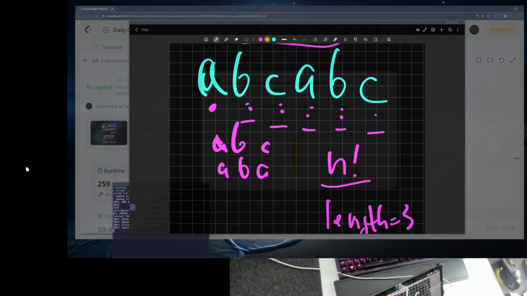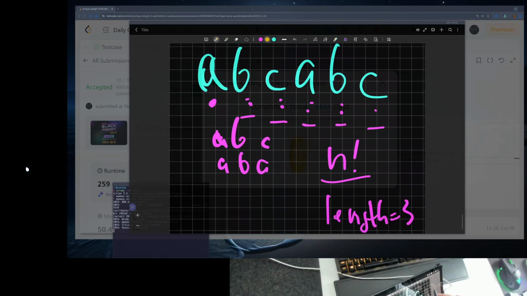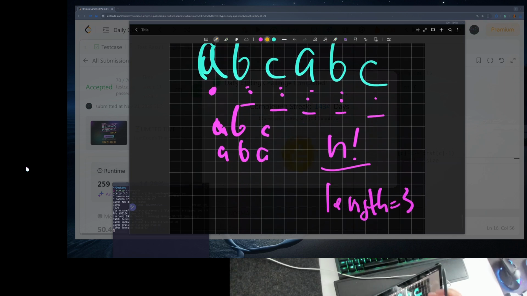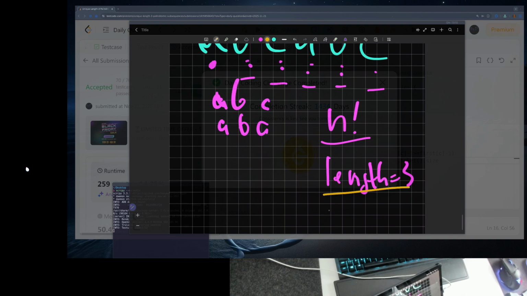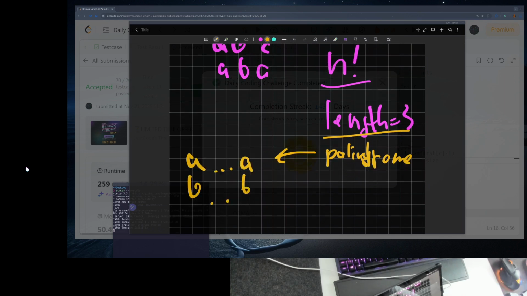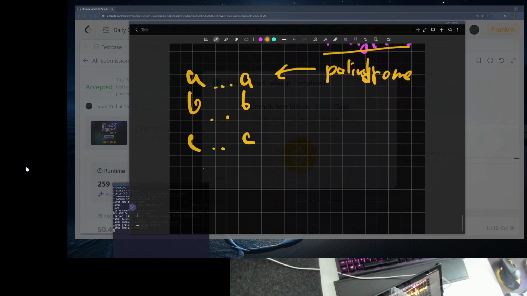I already solved it, so I know the result, but let me show you how I thought about this to achieve the intuition that can solve it. So we have conditions: length is 3 and palindrome. That means a palindrome of length 3 is like this: A, B, C, and so on.